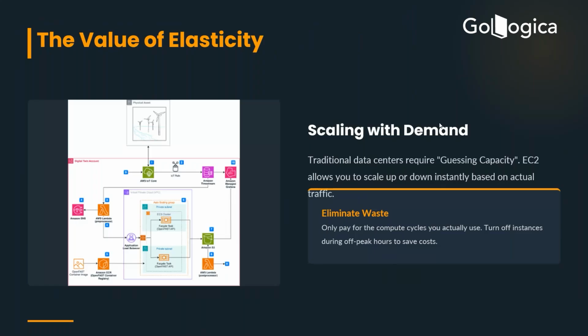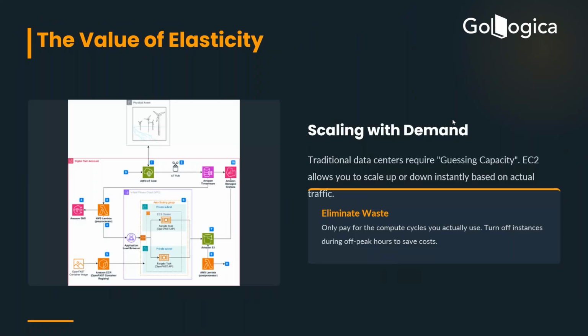But here in cloud, you don't have to guess the capacity, because everything is flexible. You can increase or decrease the capacity based on demand. So EC2 allows you to scale up or down instantly based on actual traffic. For that we have a feature for EC2 called auto scaling.